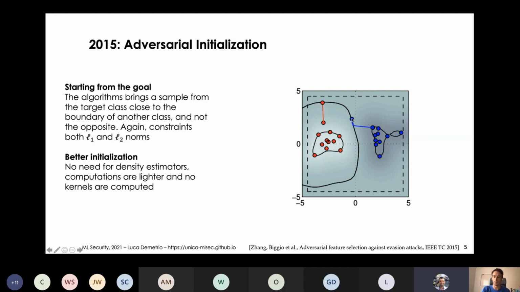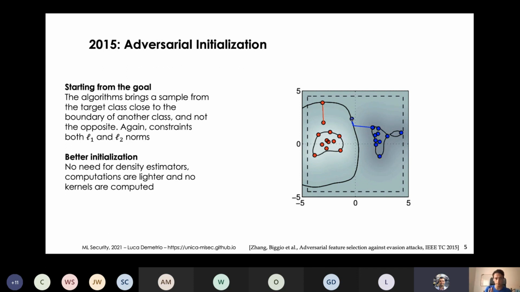This blue point is basically what we want to reach. Then we go back to the real starting point that is closest to the solution we found by optimizing this problem, and then we do gradient descent again.